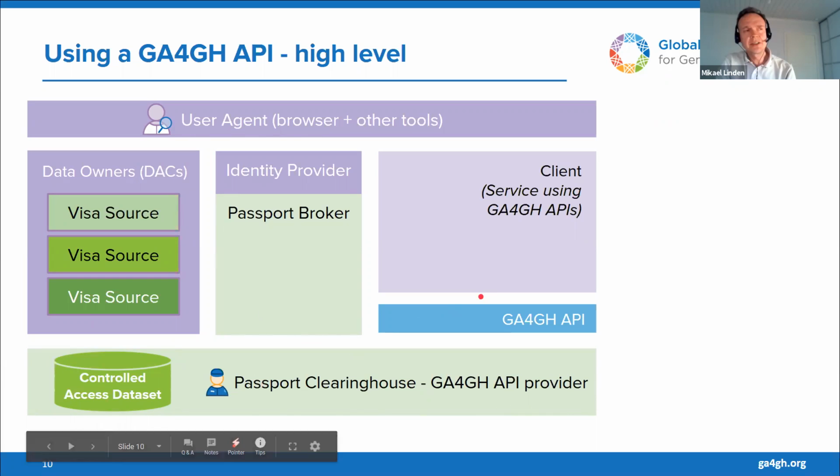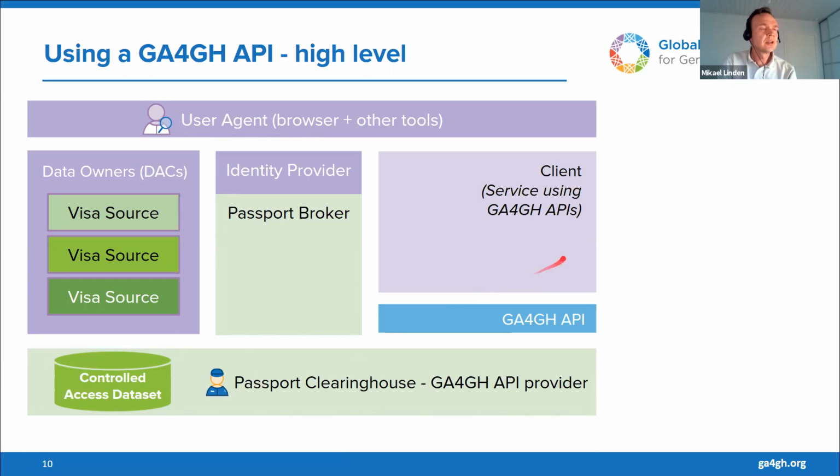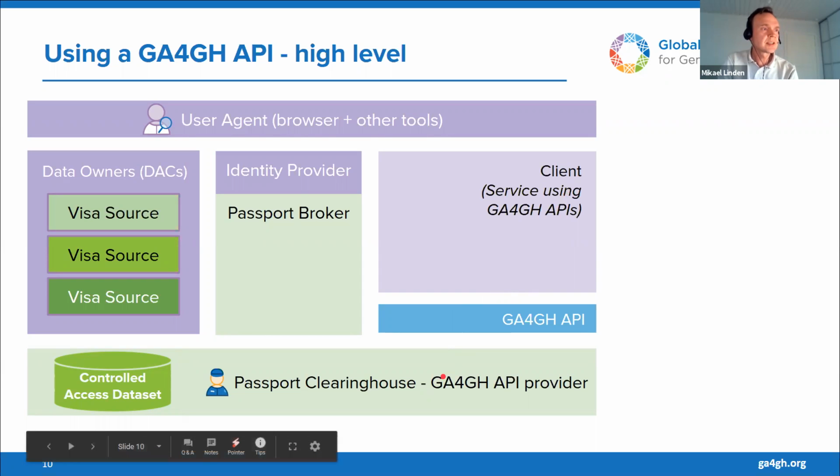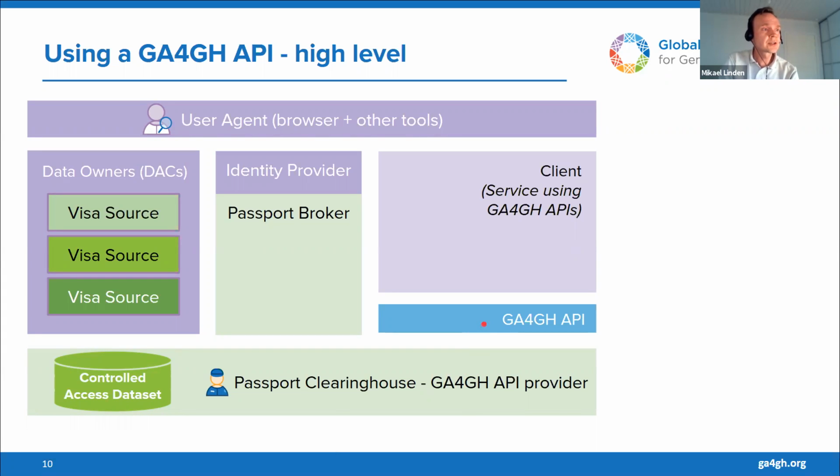The new component in this diagram is the client, and it's a system component that actually wants to call an API and present the passport to the API to access the services that the API provides. It can be a proprietary API, but in the context of Global Alliance, we of course assume it's one of the Global Alliance APIs.